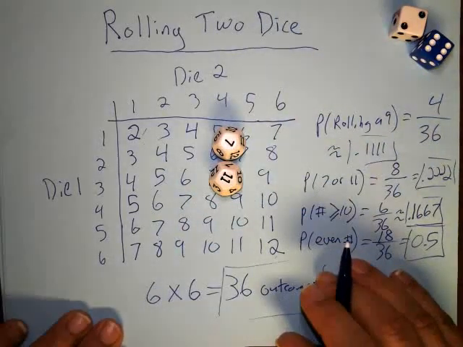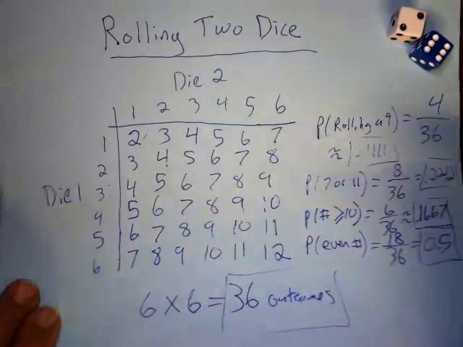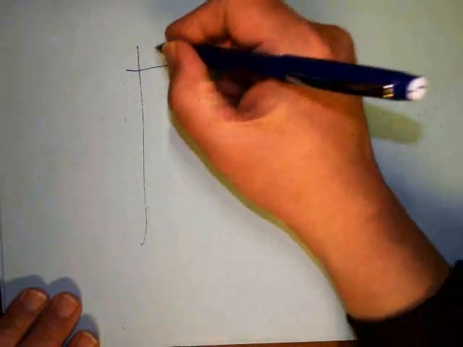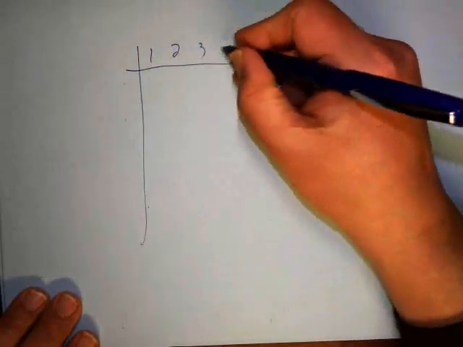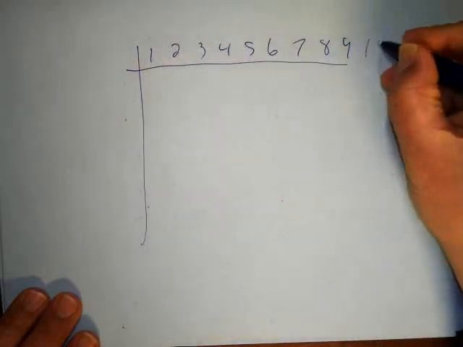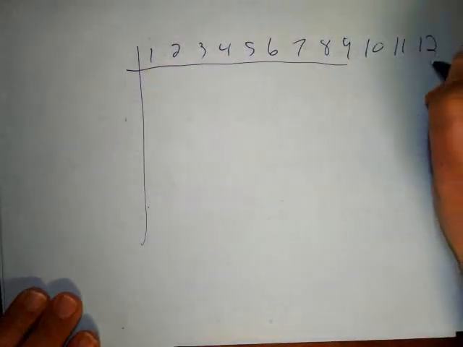Okay? And guess what? I'm not going to write out the whole table here, but you could list out all the possible outcomes. This would be the numbers from 1 to 12.